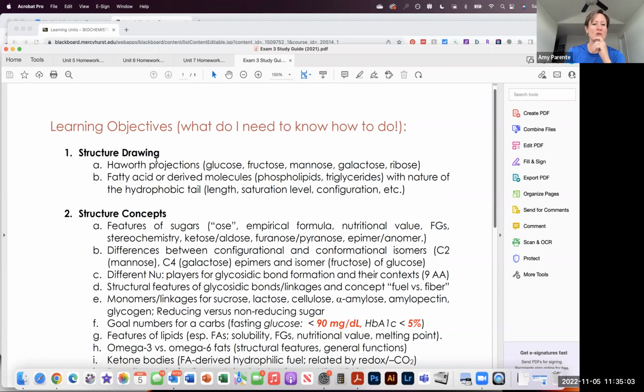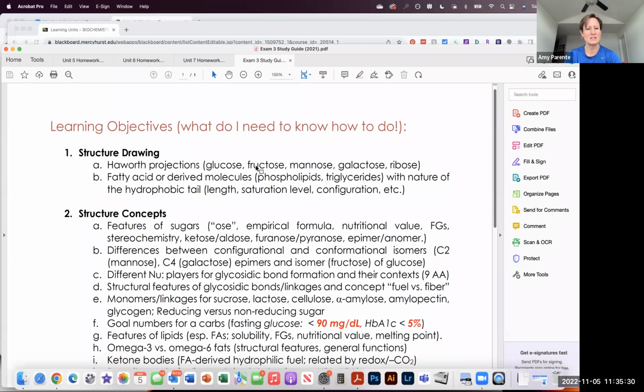You do need to know how to draw a Haworth projection of one of the sugars that we've learned. Glucose is probably the easiest one to learn. Then remember that mannose is a C2 epimer, galactose is a C4 epimer, and fructose is the only ketose sugar here, so that's going to form a 5-membered ring.